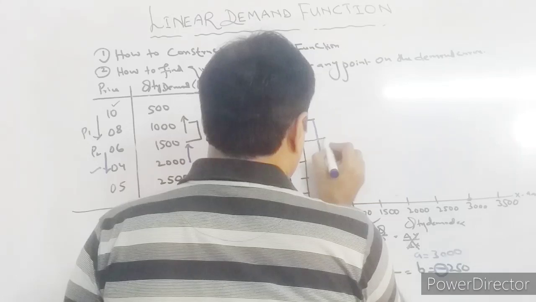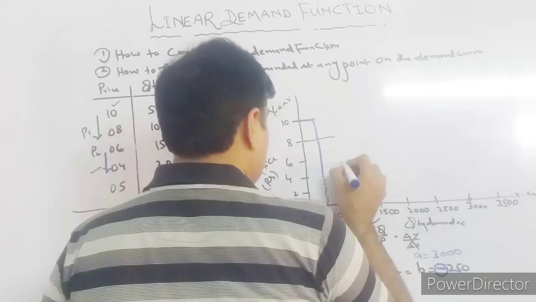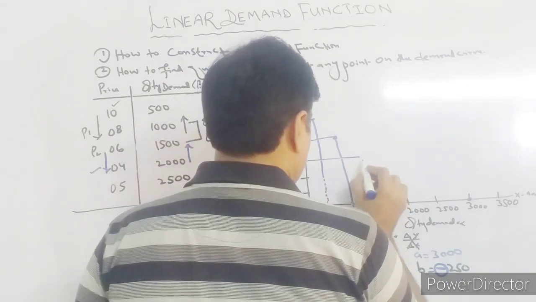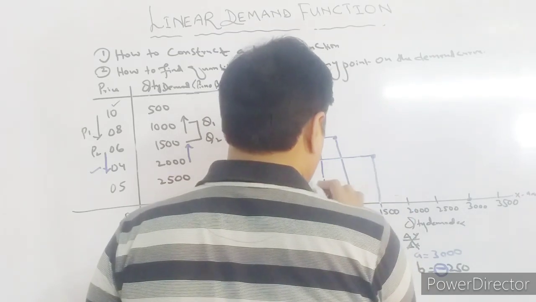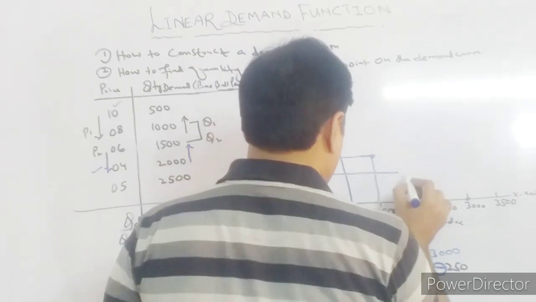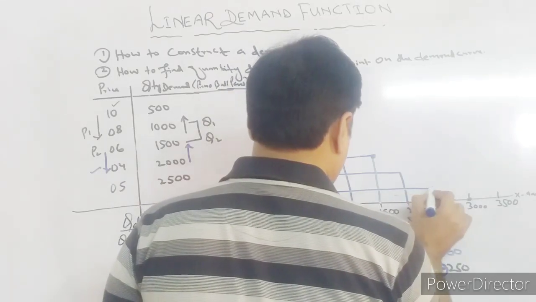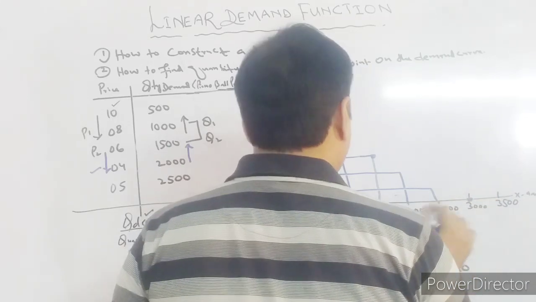When price decreases from 10 to 8, the quantity demanded increases to 1000. And this is the intercept alpha.